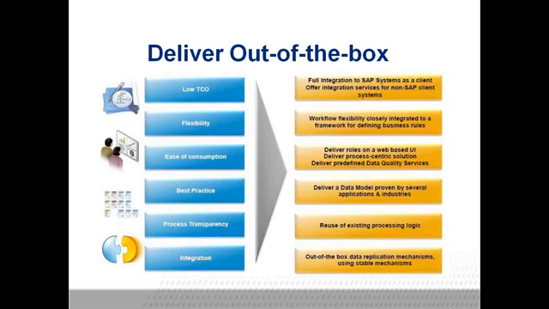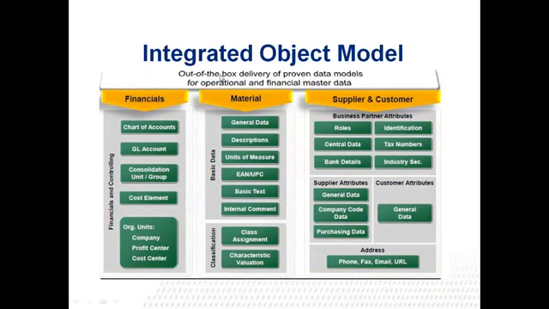Then integrated object model is another term we use. If you see here, in material master we have different tabs like general data, units of measure, internal comments, classification data, plant data. So many things are available.